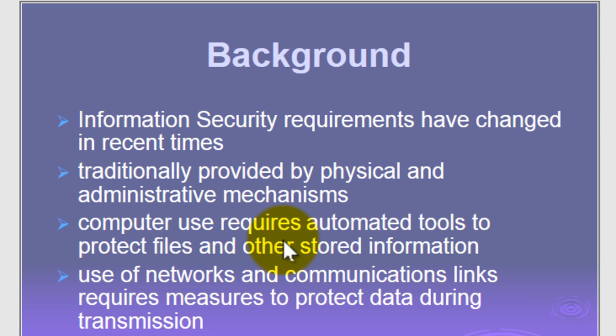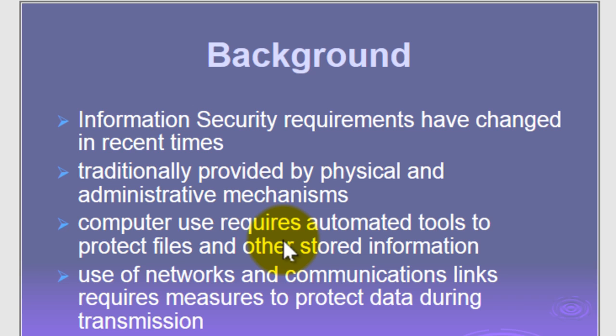In recent days we are using automated tools for providing security to your computer. These automated tools work automatically. You don't need to trigger anything for protecting your system. Once you install that software into your system, it automatically scans your system.